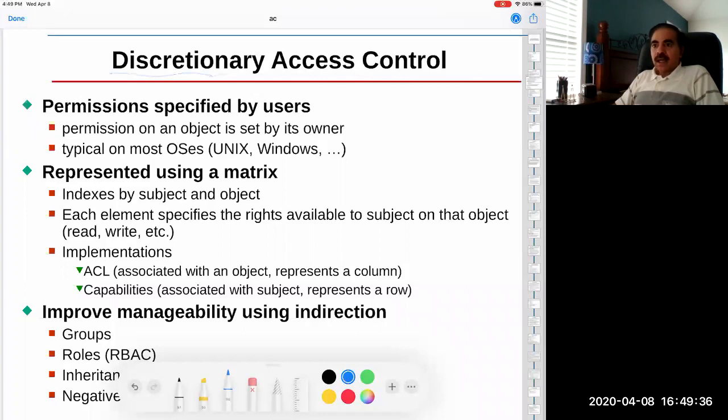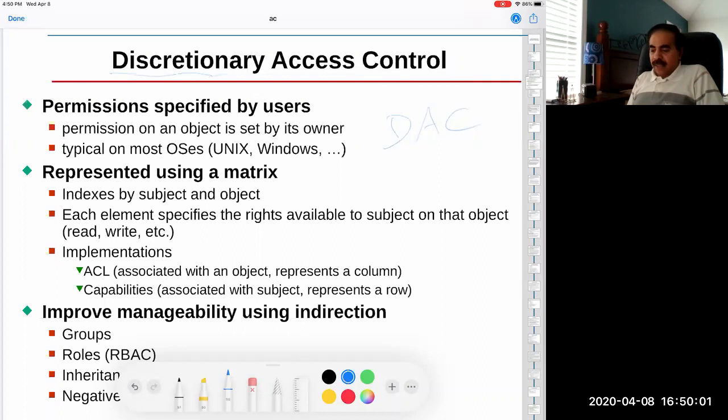So the first thing in order to define a DAC mechanism is that you have to associate an owner with each object, okay? And then the owner specifies the policy on that object, okay?